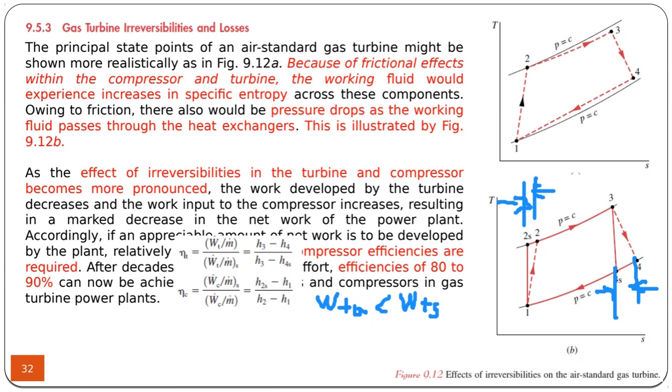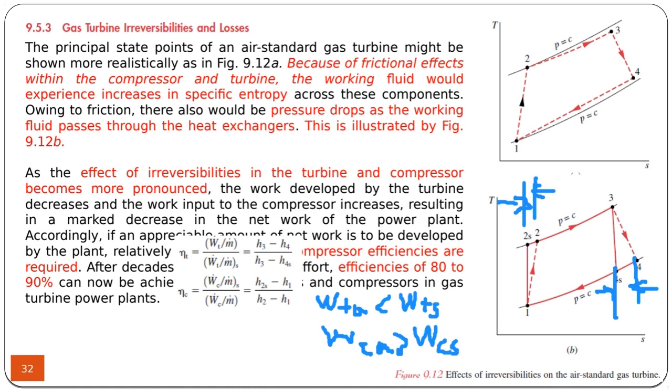On the other hand, this is just the opposite in compressor, because we provide work to the compressor, so the actual compressor requires more work than the isentropic compressor. That's why the definitions of the isentropic efficiencies of turbine and compressor are completely different.